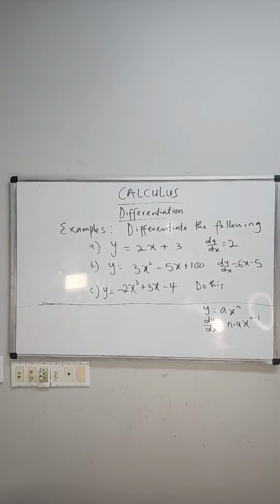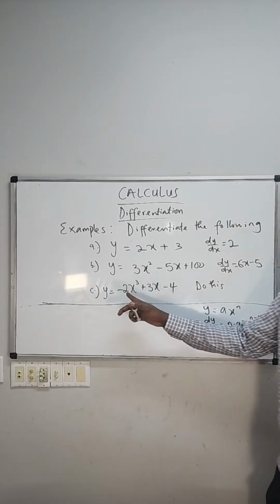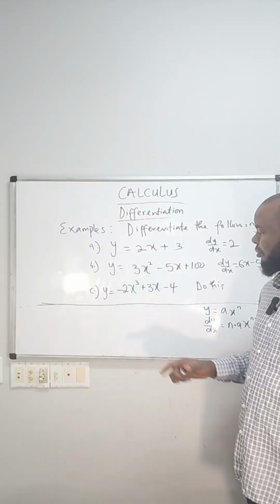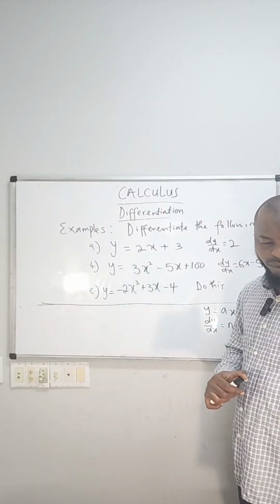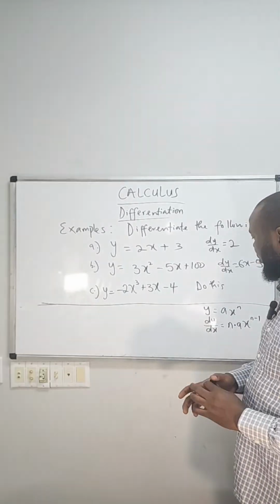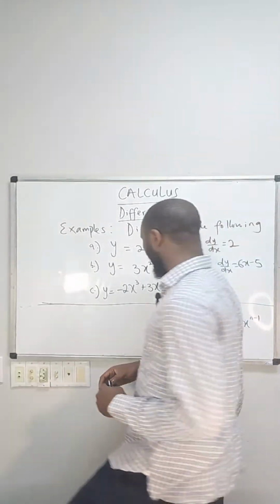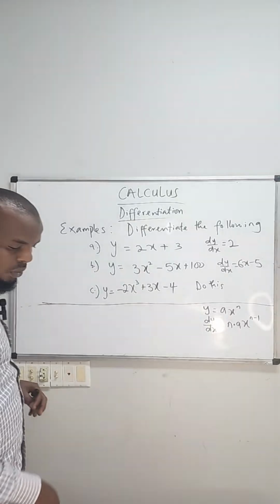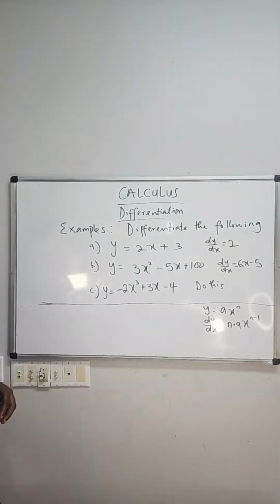So here what we have is negative 2x cubed plus 3x minus 4. Negative 2x cubed. We've done the first two, so we're waiting for the third part.